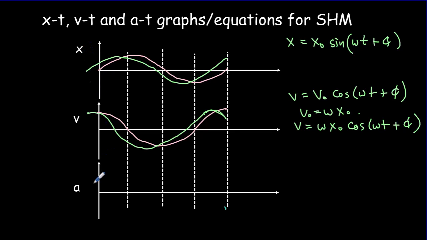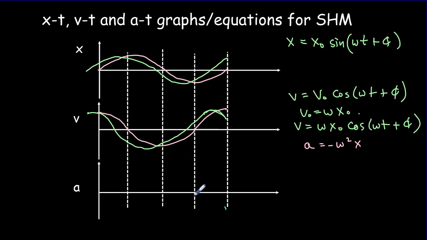And we can do the same thing for the at graph. We could look at the slope of the vt graph, but we know that by the defining equation for simple harmonic motion that a is equal to negative omega squared times x. So a and x always have to be in the opposite direction.